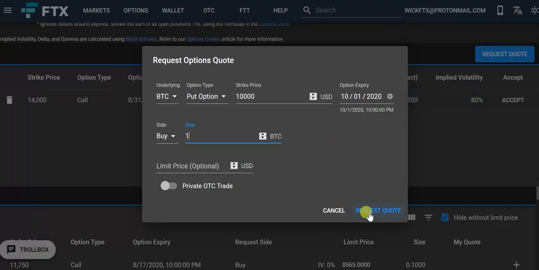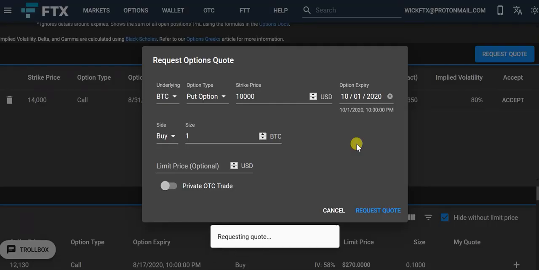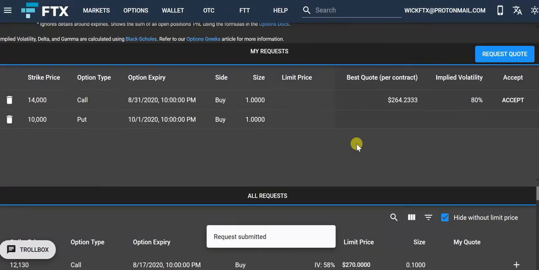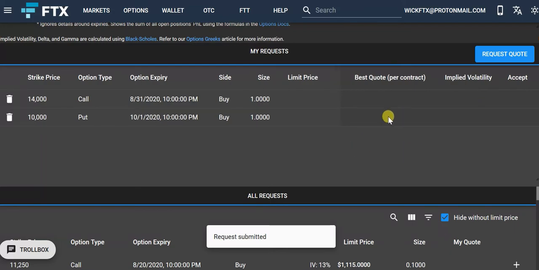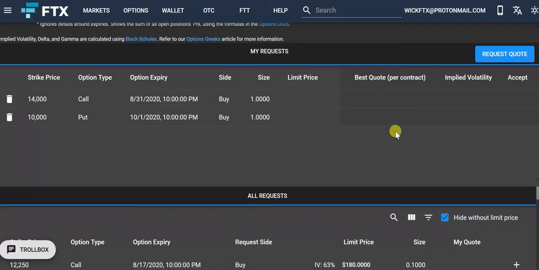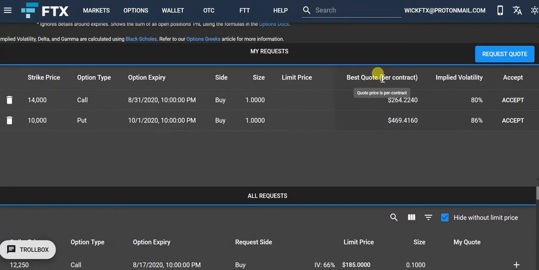Okay, so let's request a quote and figure out how much that put insurance would cost us. One thing while we're waiting for the put insurance quote to show up that I like to go over is that all of these quotes that it gives you, you gotta make sure that you understand it's per contract, okay, which is per one Bitcoin.